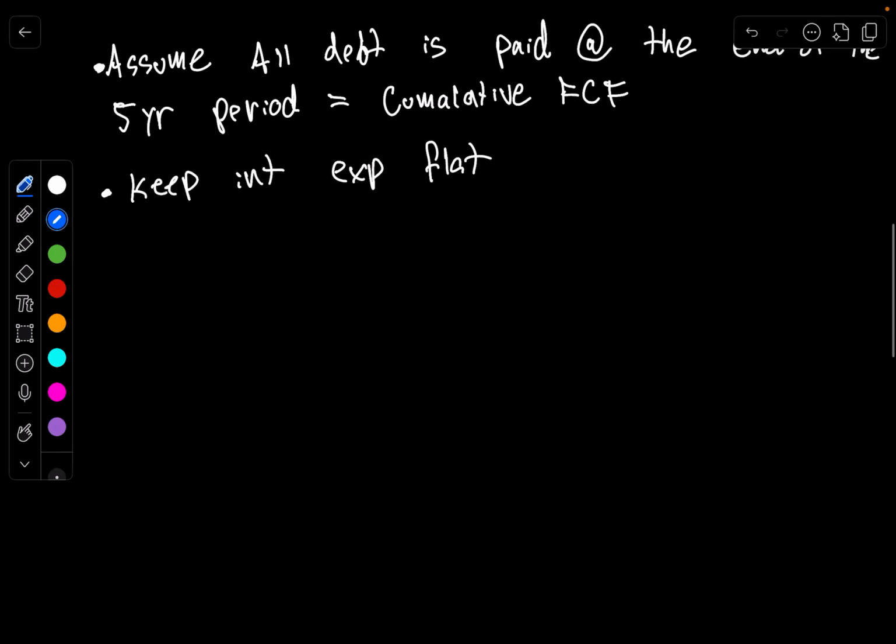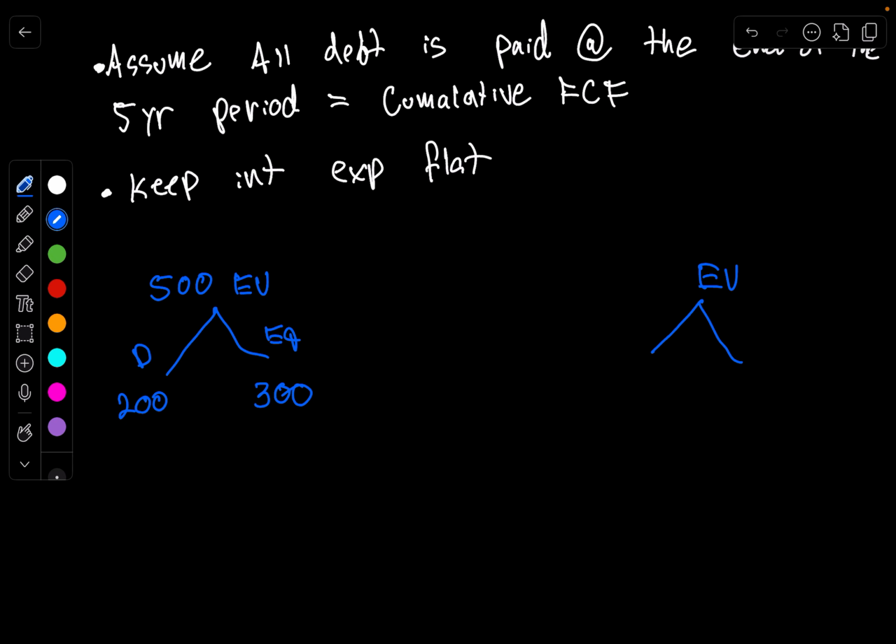So this is actually really important because now we know that we have 500 in enterprise value, and that's broken up into debt of 200 and equity of 300, right? Now what do we need to figure out? We just need to figure out what the ending enterprise value is and what the structure is, right?